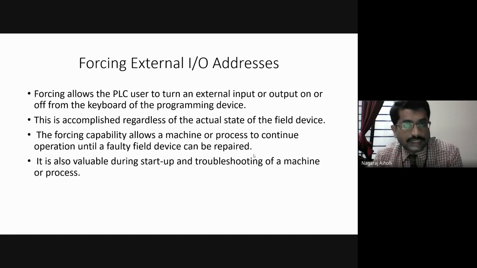We are forcing that output from the 1 state to the 0 state. While doing so, we can operate in parallel on the other field device which is faulty, repair it and bring its state back to the original state.